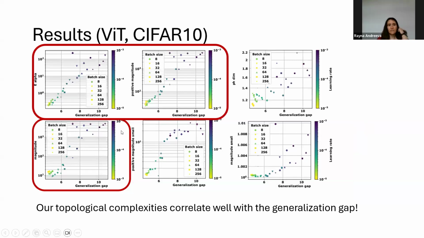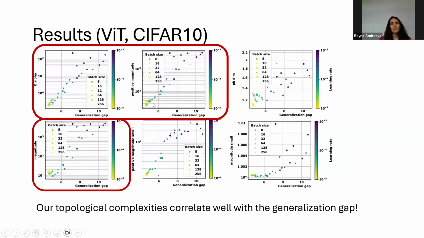Here are some further results where we look at the actual generalization gap on the x-axis, and on the y-axis, we plot our topological complexities. Here we run experiments with 6 different values of the batch size and 6 different values of the learning rate. And what we observe is that for E alpha, we have a really nice correlation with the generalization gap.